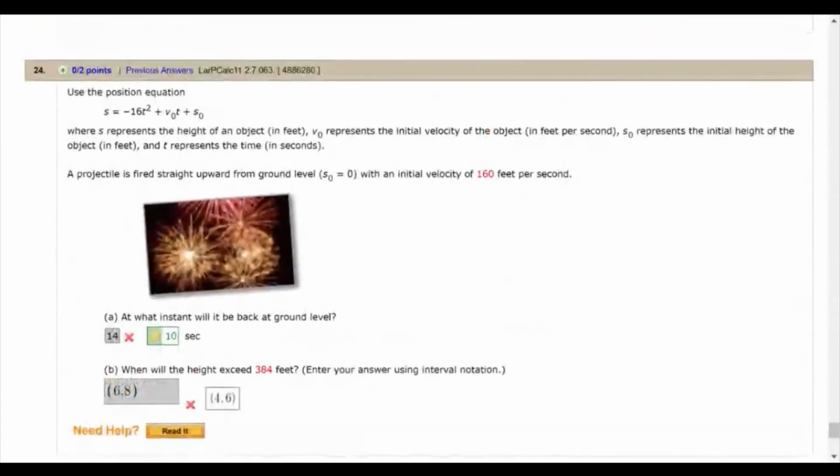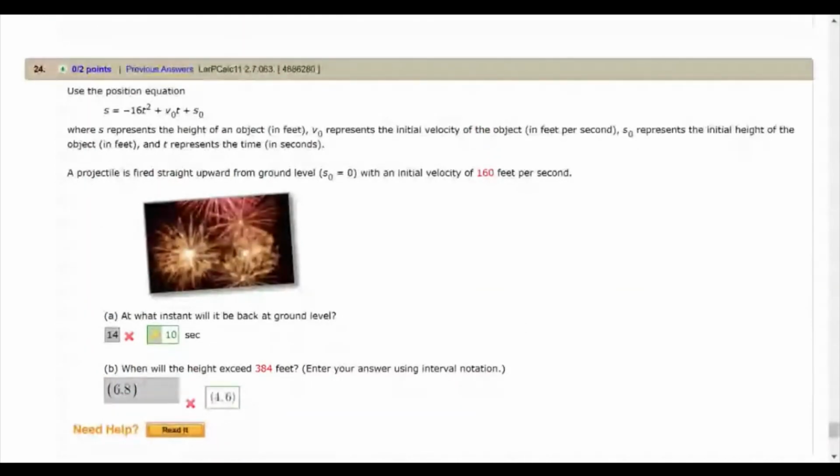All right, this one. Use the position equation S equals negative 16 t squared plus v naught t plus s naught, where S represents the height of an object and v naught represents the initial velocity of the object. S naught represents the initial height of the object, and t represents the time. A projectile is fired straight upward from the ground, and they tell you what it means for the ground.